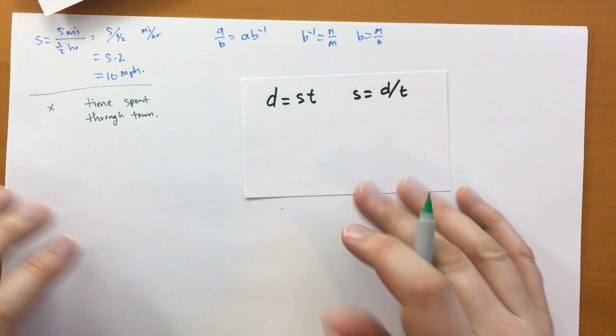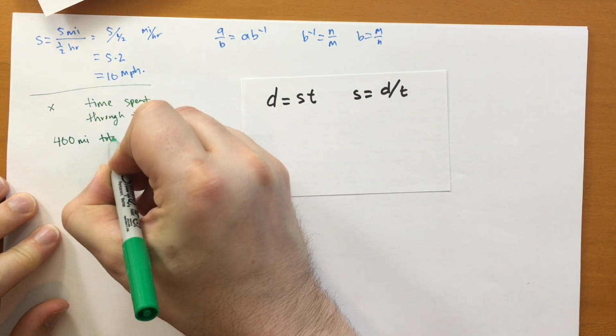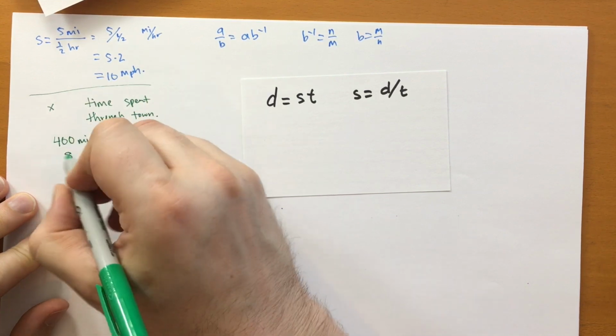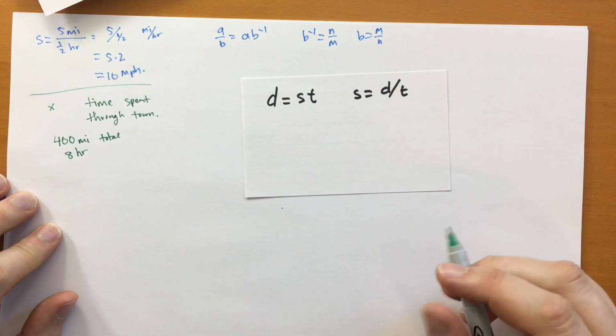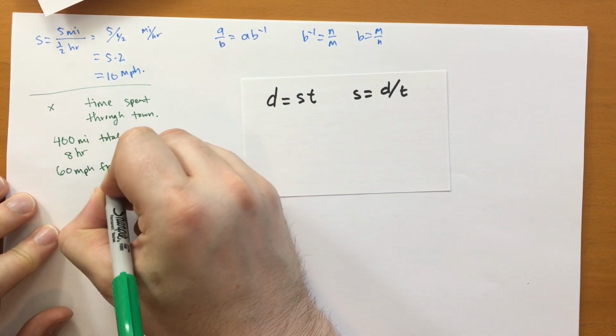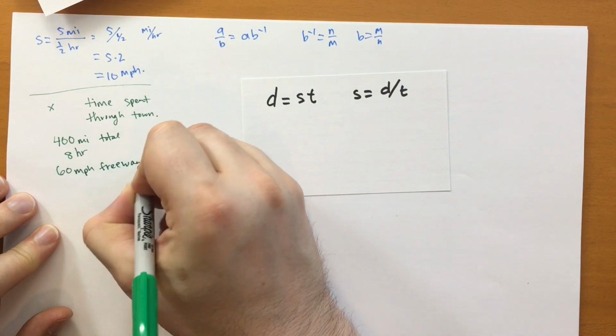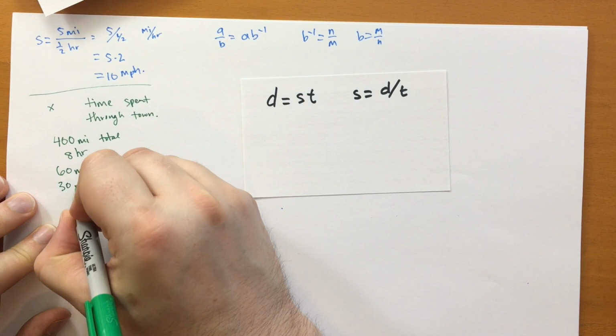He drives 400 miles total, and he does that in 8 hours. 60 miles per hour on the freeway, and 30 miles per hour in town.